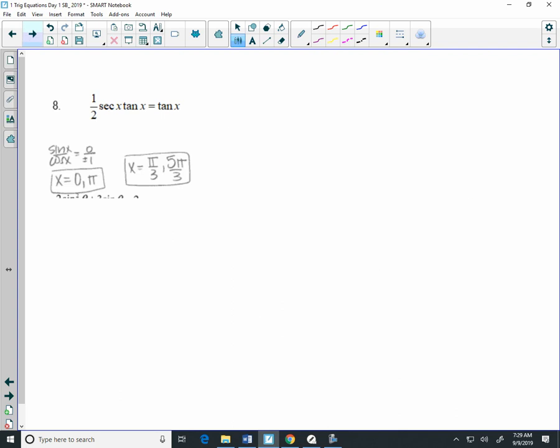Last one, another problem with some GCFs. Again, we have that same 0 and pi situation. And here we have pi over 3 and 5 pi over 3. So pi over 3 is in quadrant 1, and 5 pi over 3 is in quadrant 4. So for 0 and pi, here are equations. 0 plus pi k, those make that straight line.